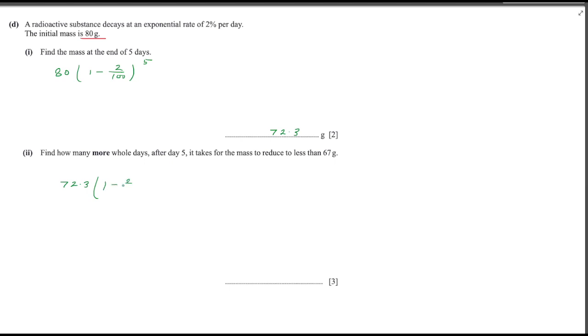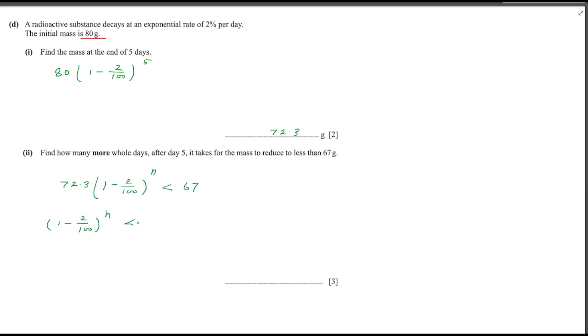So here, 1 minus 2 divided by 100. Now power, let us say n days: after n days, after this 5 days, the mass is reduced to less than 67. So I will see when this is less than 67. Now here I have to use the trial and error method. What we do is first find out what the value of 1 minus 2 divided by 100, power n, should be.